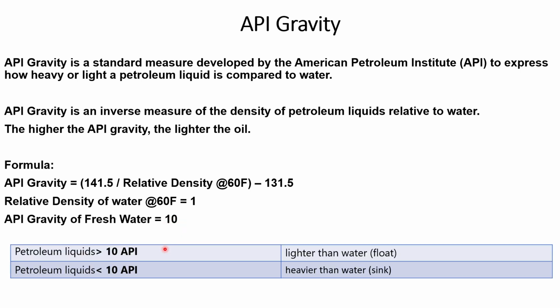Which means if a petroleum liquid has an API gravity of more than 10, that petroleum is lighter than water and will float. Whereas if it has an API gravity less than 10, that petroleum liquid will be heavier than the water and it will sink.